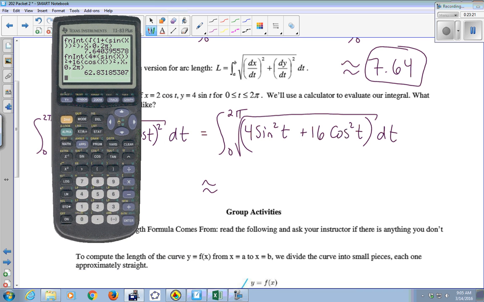Thank you. All right, so second enter, pull this back up and put a square root in front of the whole thing. Square root. And then I got to close the square root right here. There we go. 19.37.